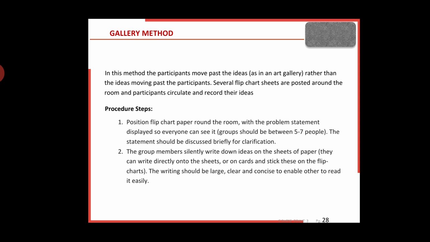Others must be able to understand the ideas I am writing on the sheet of paper, so it should be clear and easy to read in a proper manner.